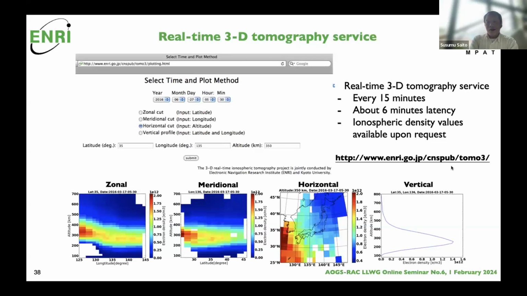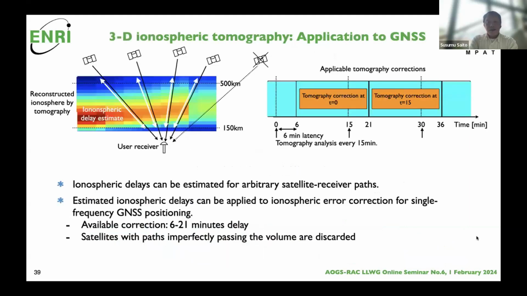And this ionospheric density values are also available upon request. Because my institute is more on the radio application, we try to apply this 3D tomography for GNSS.